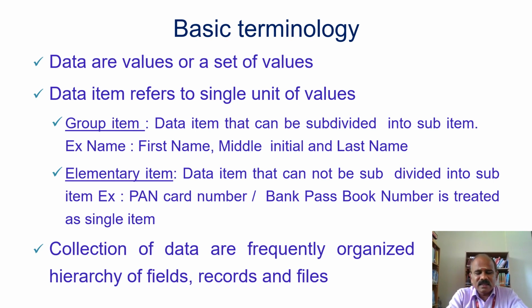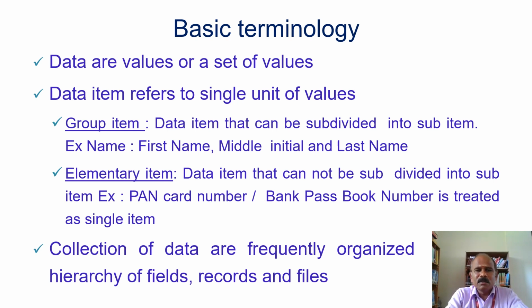Let's come to the next terminology, elementary data item. A data item that cannot be subdivided into sub items can be called an elementary data item. An example of an elementary data item is a PAN card number. You cannot divide it. Bank passbook number, you cannot divide it.